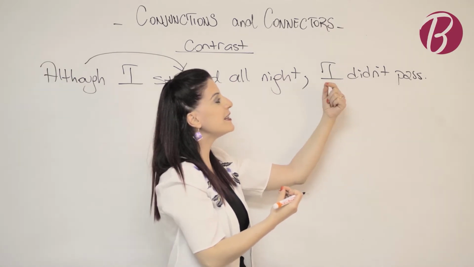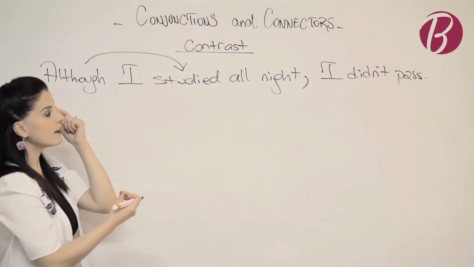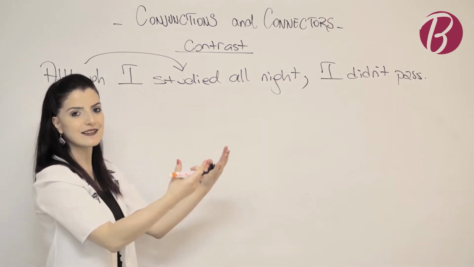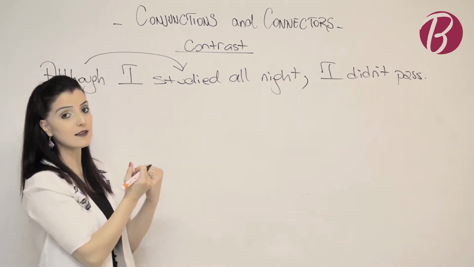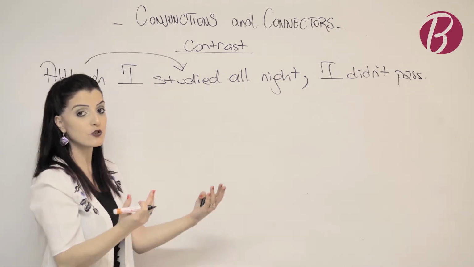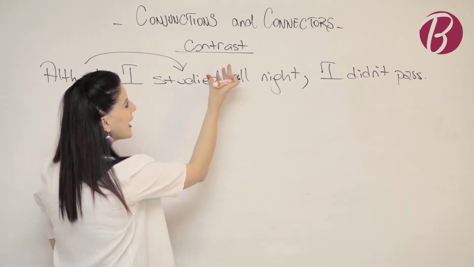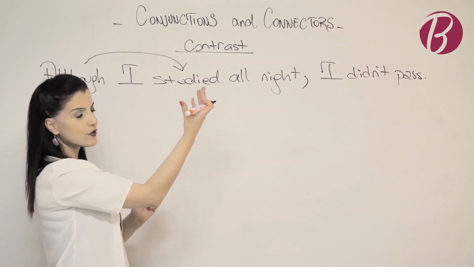This is not the natural result. So normally, after you studied a lot, you expect another thing. You want to pass. Because naturally you should pass, but something happens, so a contrast occurs.